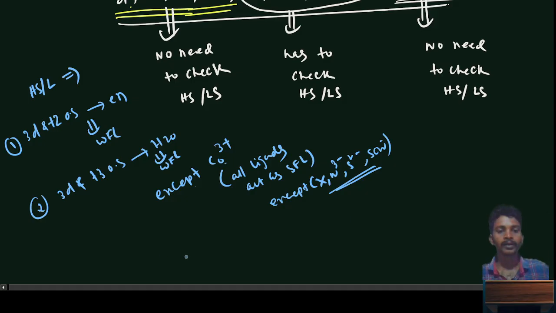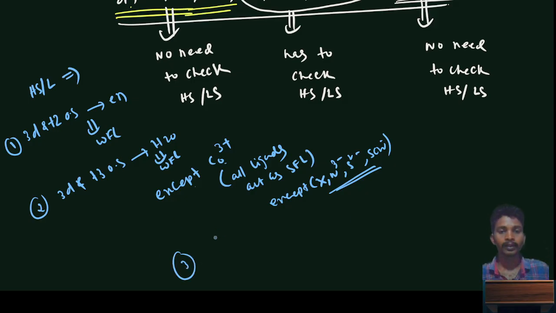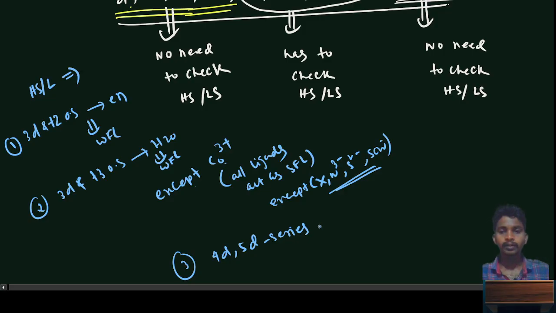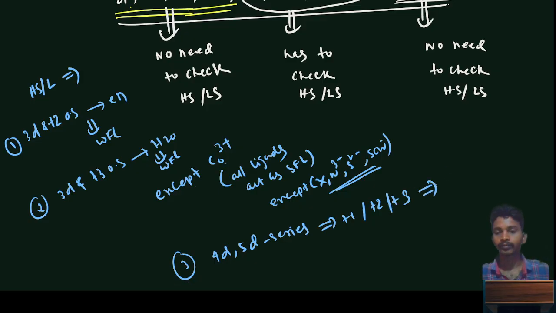And we know that for the 4d and 5d series, whether it is +1, +2 or +3, all are strong field ligands.